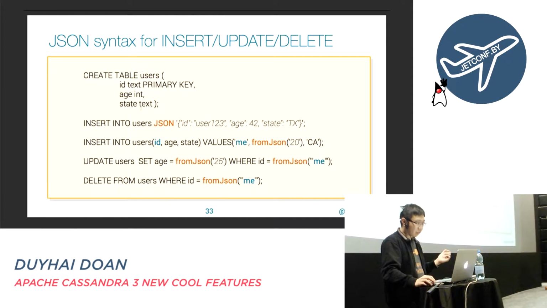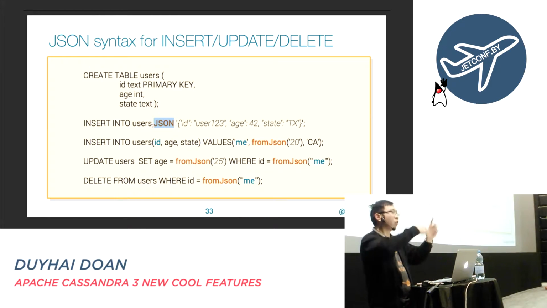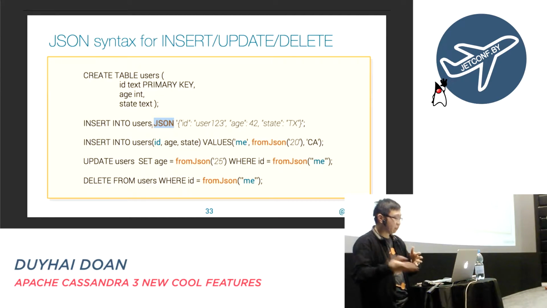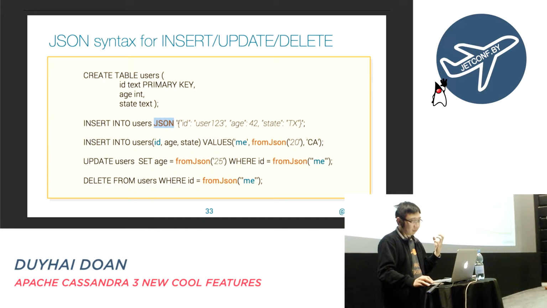I create a user table, insert into user JSON. So instead of defining all the columns, insert into user id, age, state, and then values, you just push the JSON text directly to Cassandra, and Cassandra will try to match each column with the correct type. Or you can use the classical syntax, values, and then use the user-defined function fromJson, so you convert a text from JSON to the correct type.